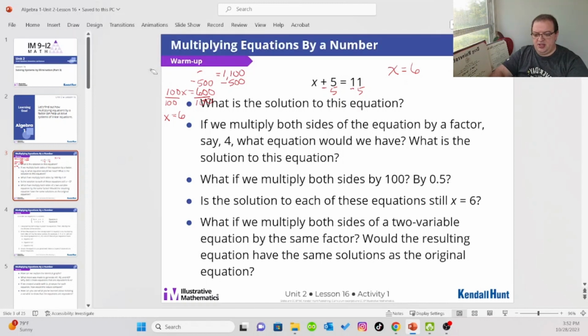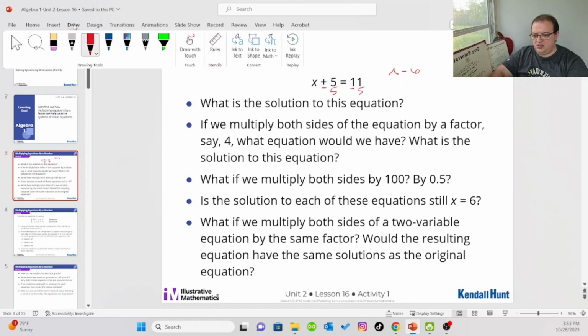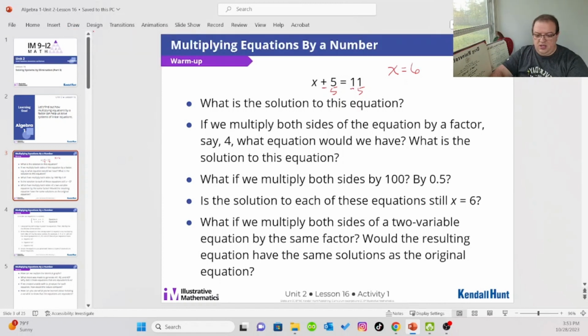And one last thing they want us to try is multiplying both sides by 0.5. So x times 0.5 would be 0.5x. 0.5 times 5 would be 2.5. And 11 times 0.5 would be 5.5.